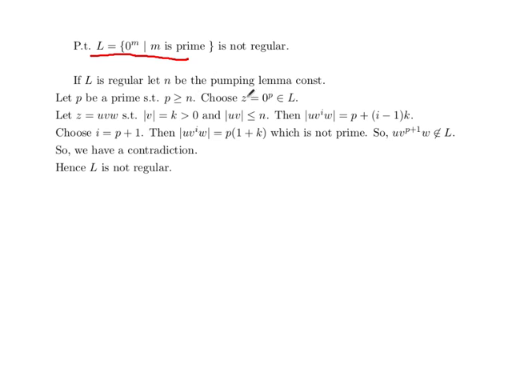Now 0 to the p, the z, is in L, because L is precisely all these 0 to the primes. So according to the pumping lemma, since the length of z is at least n, and z belongs to L, we can pump z.